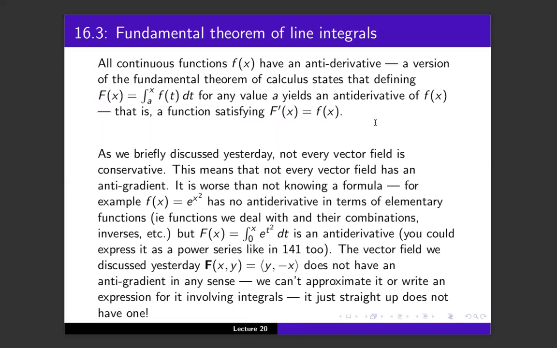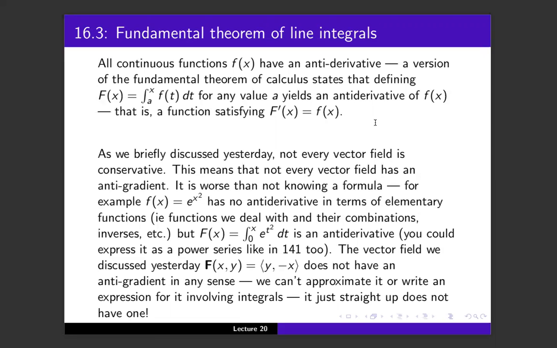Now, what happens when you do this? I want to point out, and I mentioned this a little bit yesterday, that not all vector fields have anti-gradients. Now, all continuous functions have an antiderivative. That's the good news. One formulation of the fundamental theorem of calculus, all the way back from Calc 1 and Calc 2, is that if you define the function big F of x as the integral from a to x of little f of t dt, that is an antiderivative of little f.